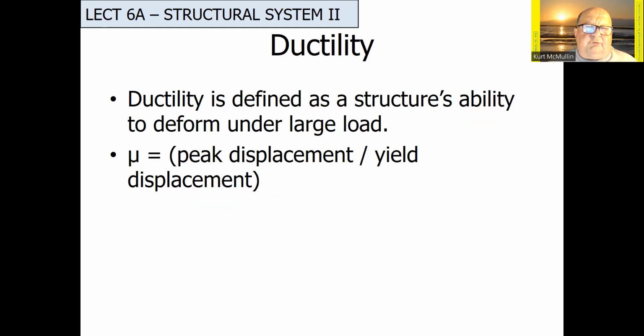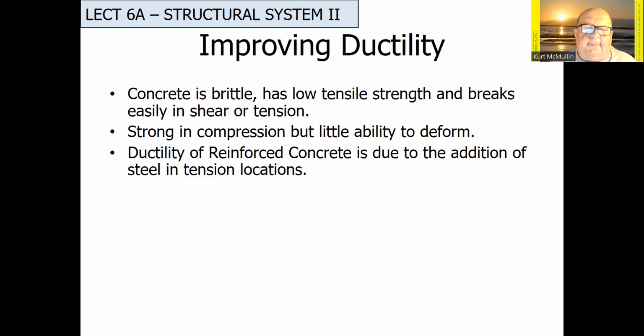In engineering terms, we talk about that as ductility. It's defined as the structure's ability to deform under large loads. It's often given the symbol mu, and it's defined as the peak displacement that a structure goes through divided by the yield displacement that causes the structure to first yield.